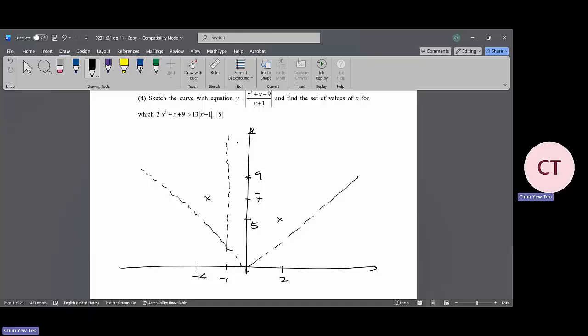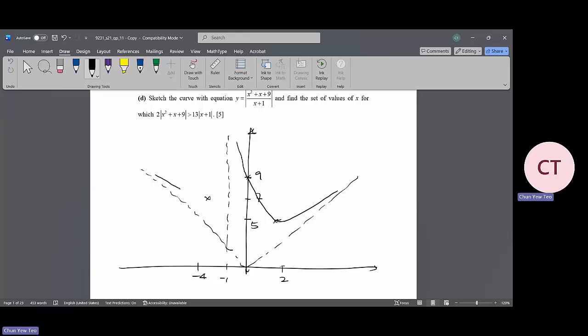Your graph will be something like this. And sketch a graph look like this. Okay.